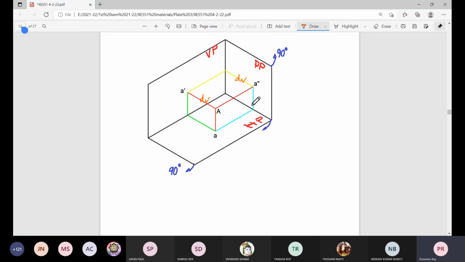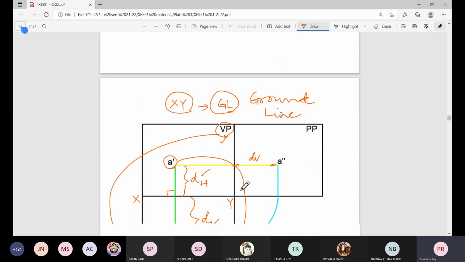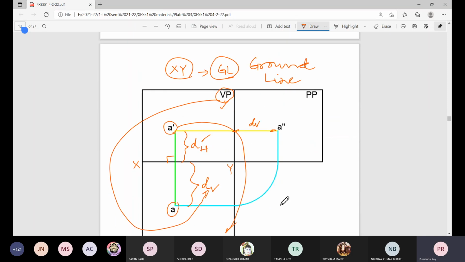And here also, for that brick formed by these mutually perpendicular faces and these perpendicular lines to all these planes of reference projection, this is also that height dH.